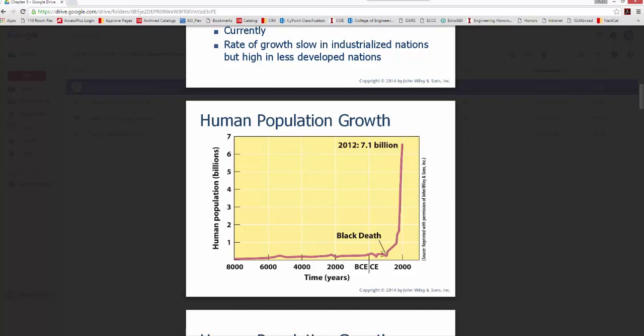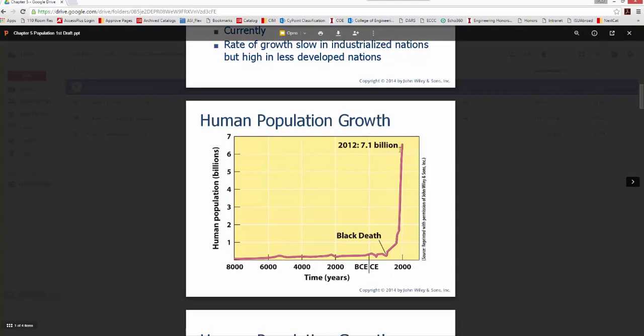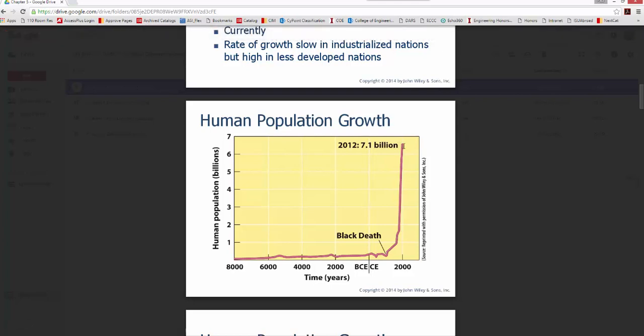And you see this dip here, which was related to the epidemic, the Black Death epidemic. And then you begin to see population increasing rapidly. And then since 1850, check out the slope there. It's just incredible how population has zoomed up to a current 7.1 billion as of the year 2000. Obviously, that's not current, but as of about 2000, the world population is estimated at about 7.1 billion.